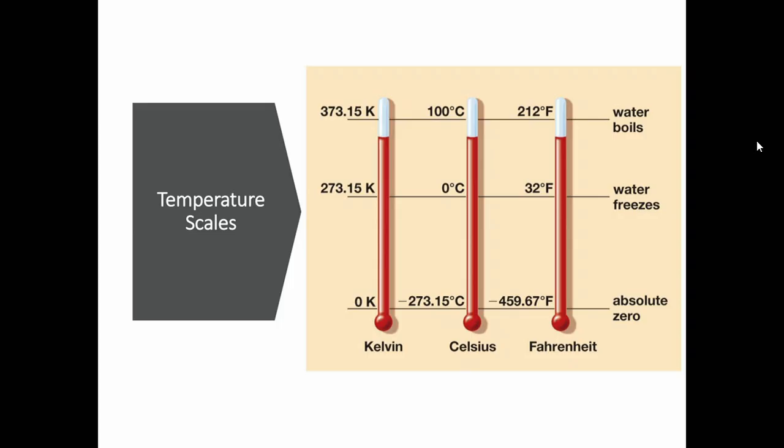So those are the two temperature points that he selected. When Celsius developed their temperature scale, they set 0 to be the temperature when water freezes, and 100 to be the temperature when water boils.